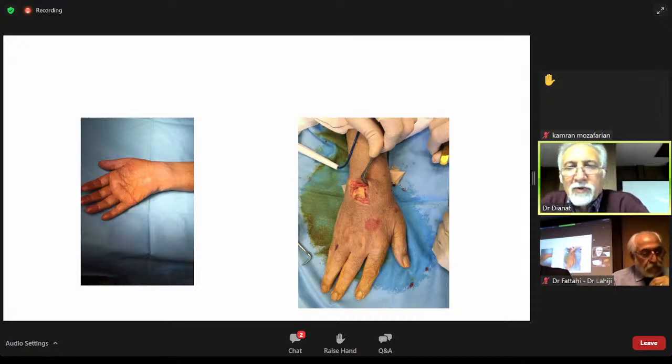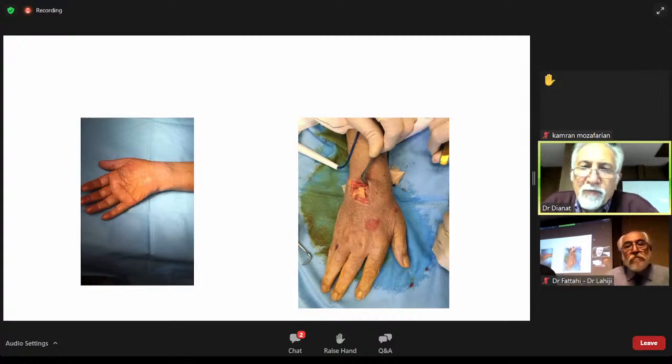As Dr. Lahiji told before, the lunate was under the skin and pushed out when we made the incision on the dorsal side. The lunate was totally sclerotic and devascular, with avascular signs.